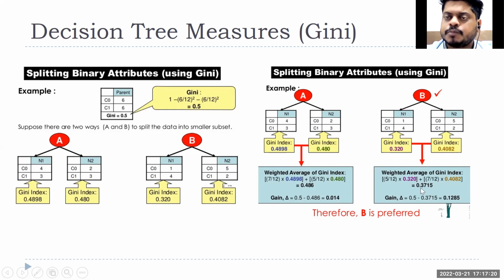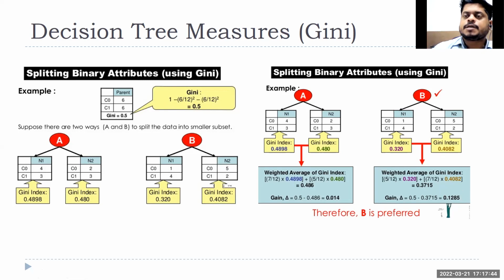So the value is coming as 0.3715. How much improvement in purity or decrease in impurity is happening? Gain is basically 0.5 minus 0.3715. 0.5 is in the original data set. Now by using this variable B, I'm getting a Gini index of 0.3715. So total improvement is 0.1285, right?